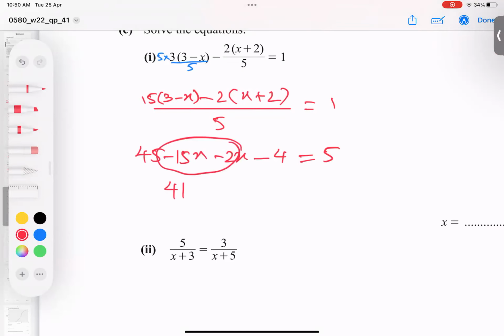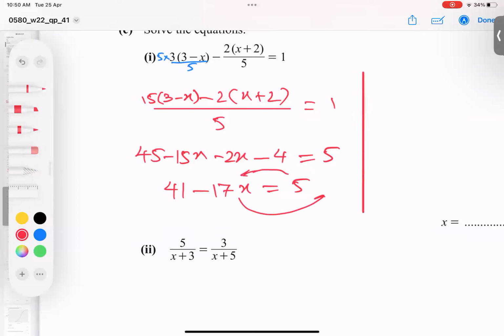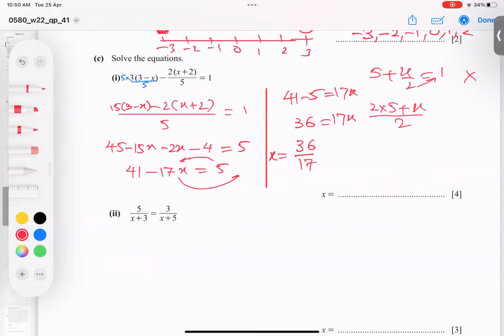And these two both have negative signs, and adding them becomes negative 17x. 17x will go there and 5 will come to this side. So 41 minus 5 equal to 17x. Here I'm getting 36. 17 will divide. Why multiplying here? You write x here or you write x here, no issue at all. So this is my final answer.